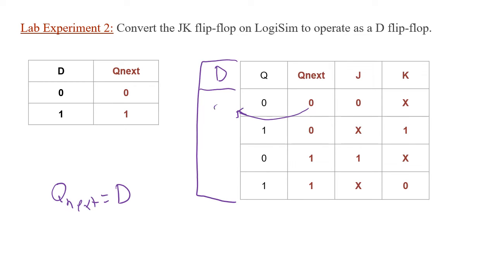So here is going to be 0 and then 0, 1, 1. Just like that.